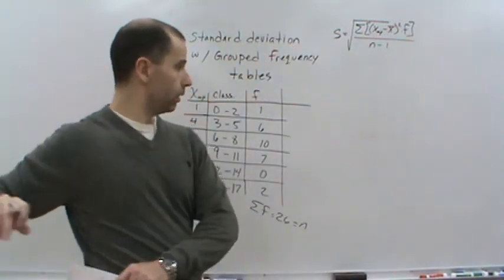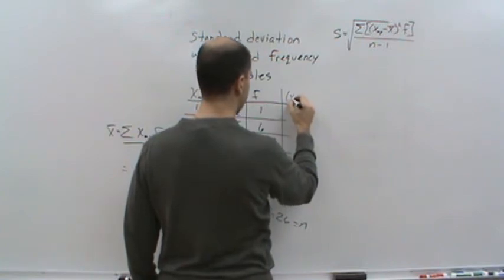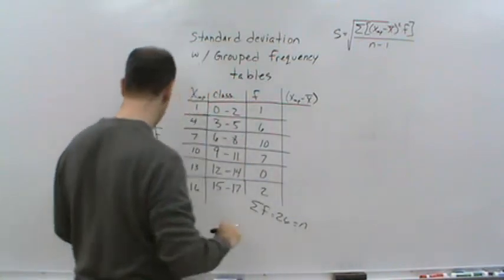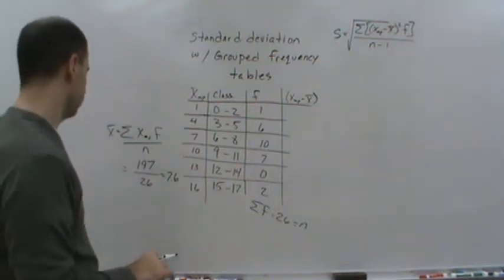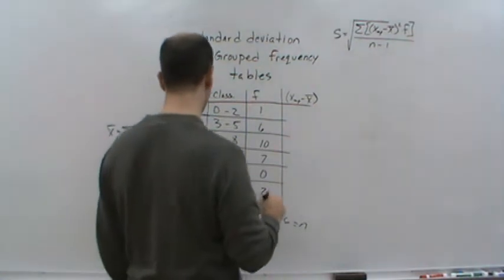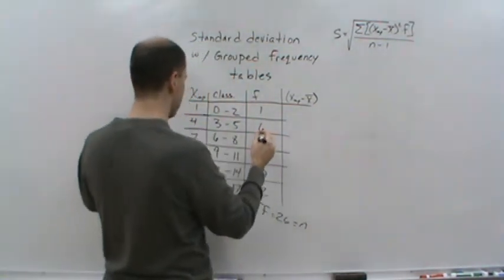So now we're going to do our subtraction minus x bar. So x bar is 7.6. I just want to make sure that's right. Yep, that makes sense. So 7.6 we're going to subtract from each one of these.